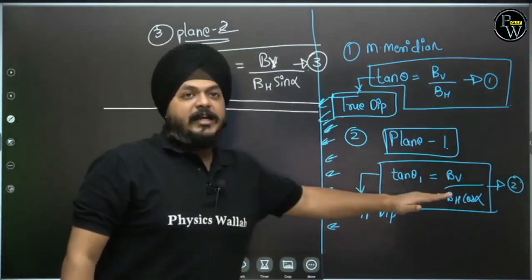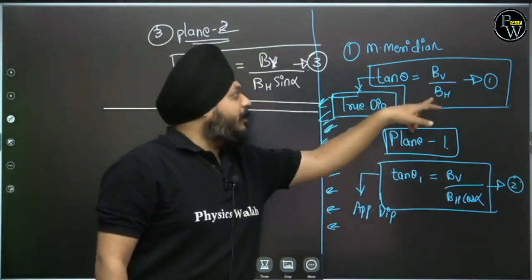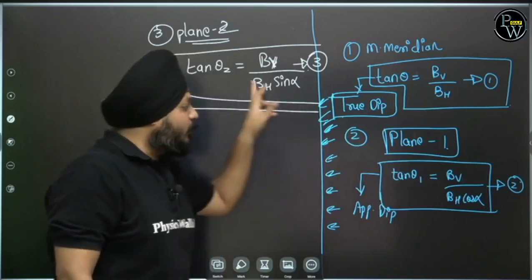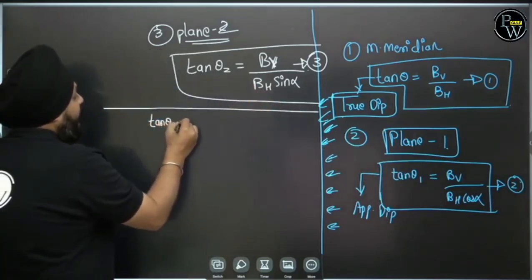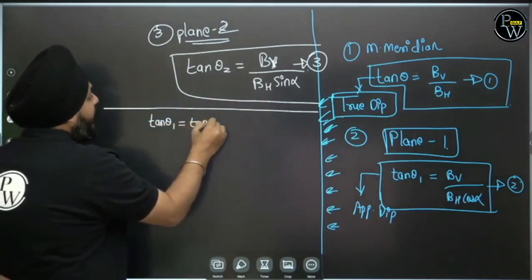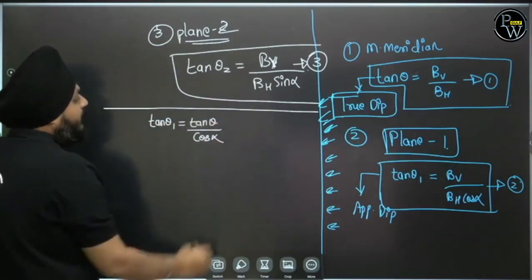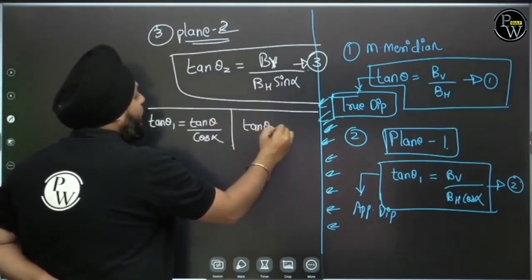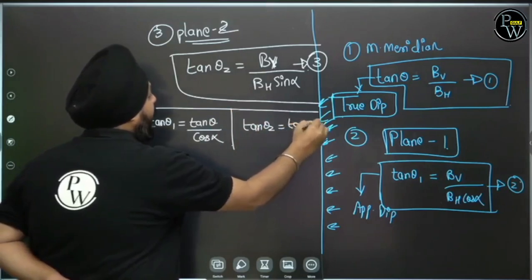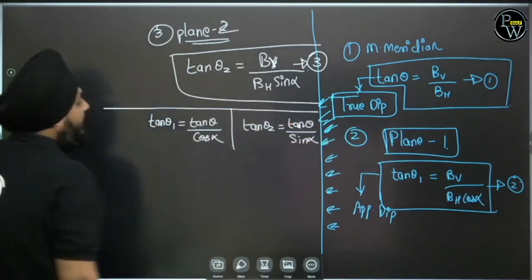Can I rewrite equation number 2 and 3? See, BV by BH is tan theta. Can I replace this into equation number 1? So tan of theta 1 is going to be tan of theta whole divided by cos of alpha. Similarly, tan of theta 2 is going to be tan of theta whole divided by sin of alpha.